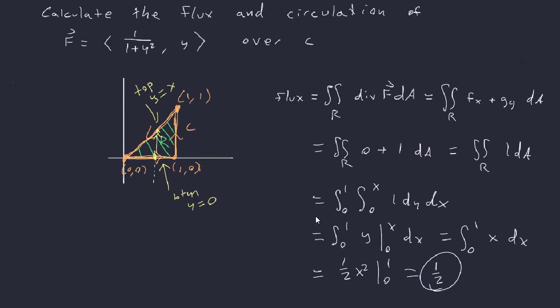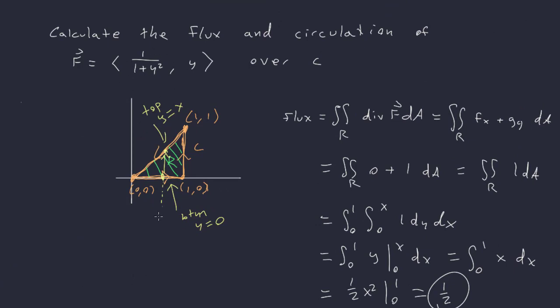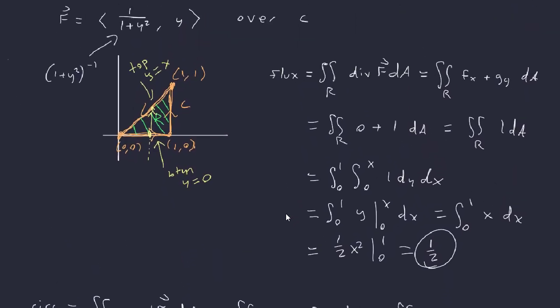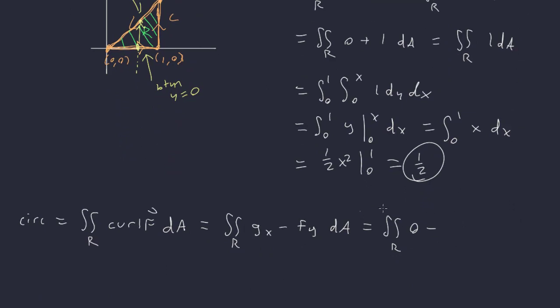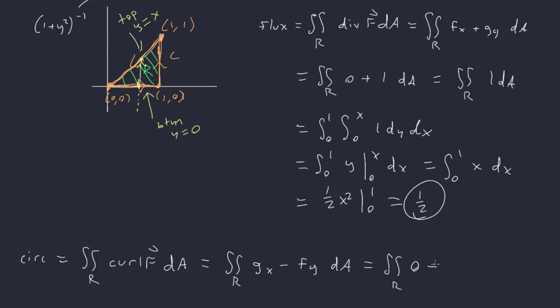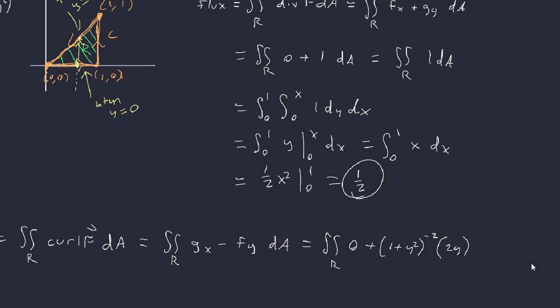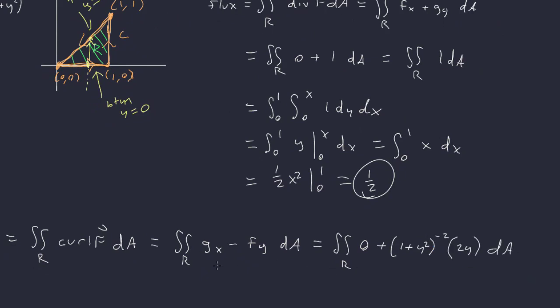Okay, so this derivative, if it helps, if you make it like this, 1 plus y squared all to the negative 1, or you could use the quotient rule, but I'm just going to say that is going to be, we'll bring the negative 1 out, so it would be plus 1 times 1 plus y squared to the negative 2 times the derivative of the inside, which is 2y, and then we'll have our dA here.